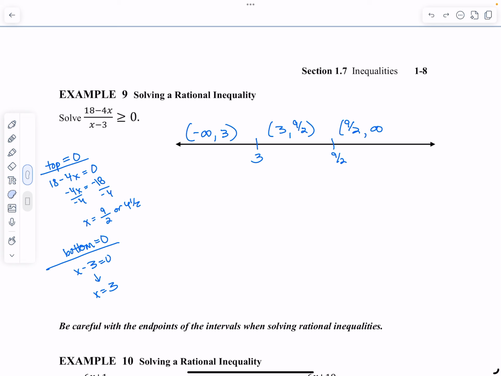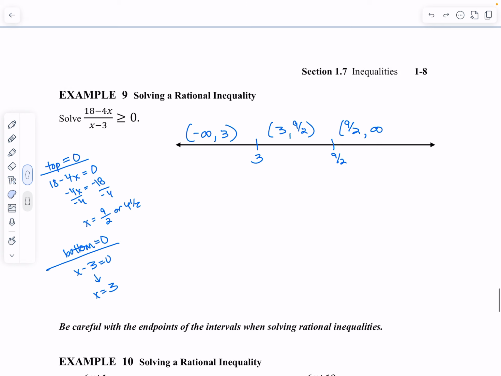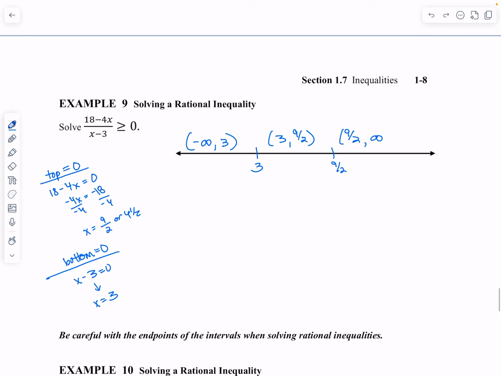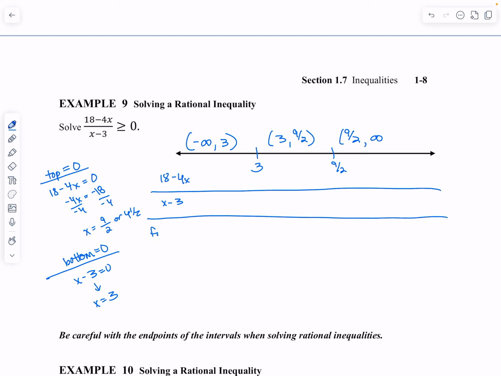All right, now I'm going to find the sign. I need to find the final sign of what this is going to be, positive or negative. Usually I just separate that: the top, 18 minus 4x, and then the bottom, x minus 3, and then my final.